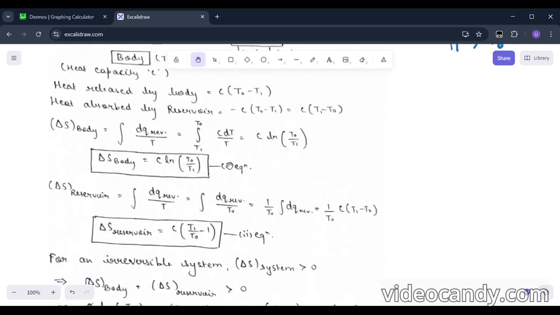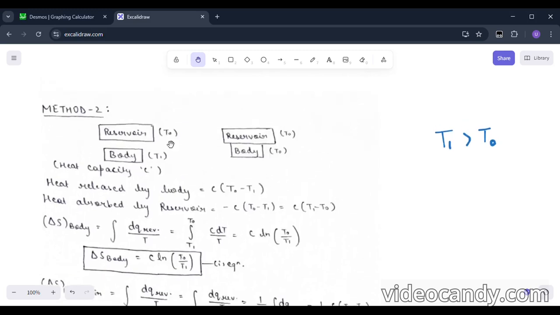Now similarly, if we talk about the change in entropy of the reservoir, we can use the same formula. But in this case, since the reservoir is maintained at constant temperature, the initial temperature is also T naught, and the final temperature is also T naught.